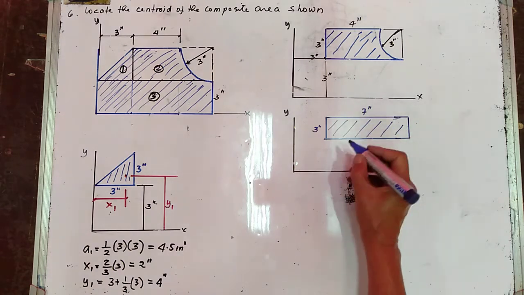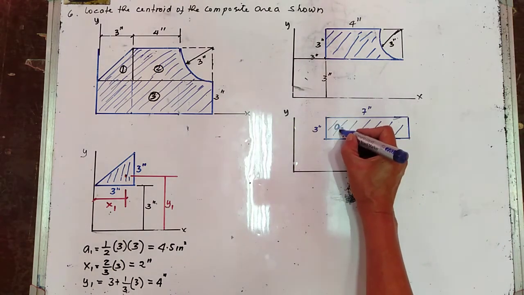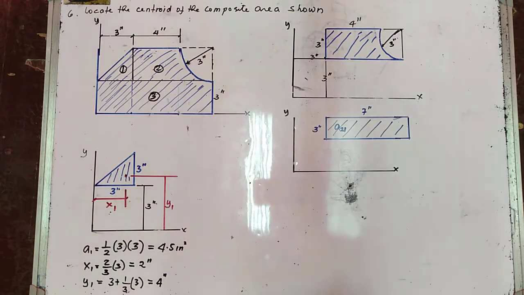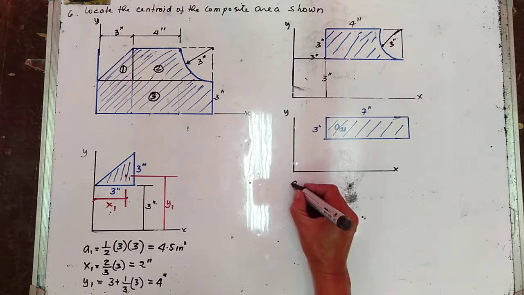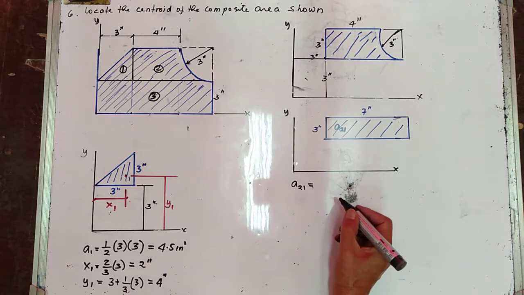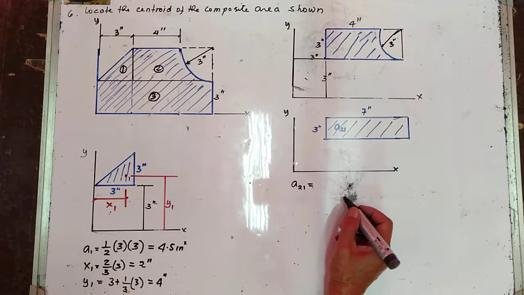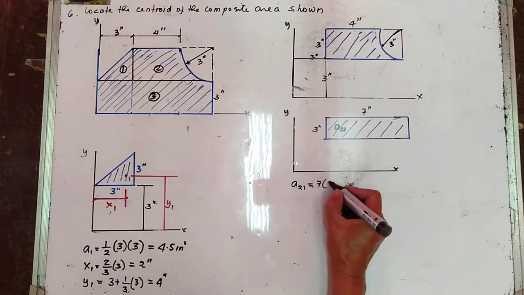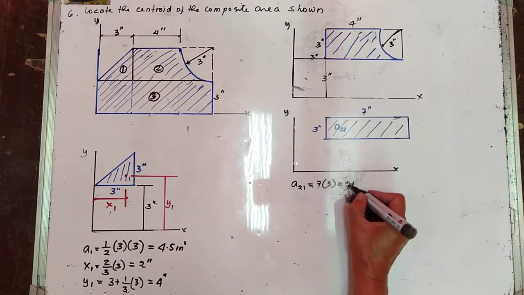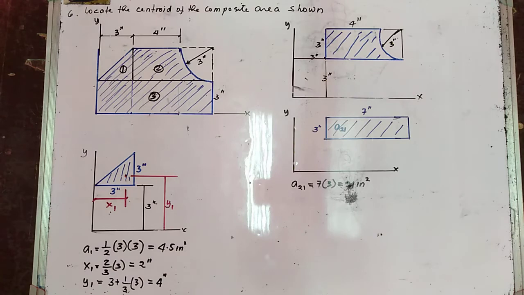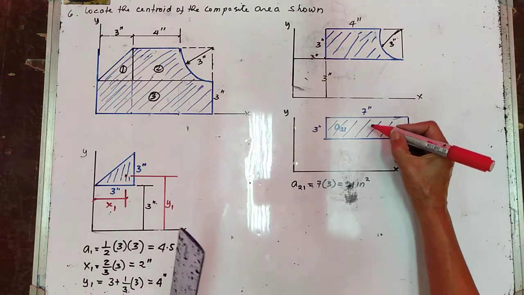So I'm going to consider this one as area 2 sub 1 because we divide that one into 2. So your area 2 sub 1 is now equal to 7 multiplied by 3, or this is equal to 21 square inches. Again, let us try to get now the centroid of this common geometric figure, or rectangular figure.